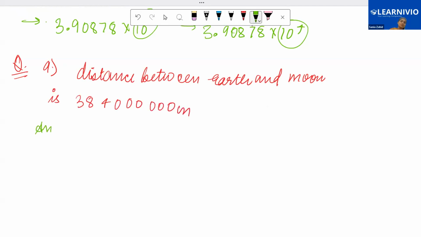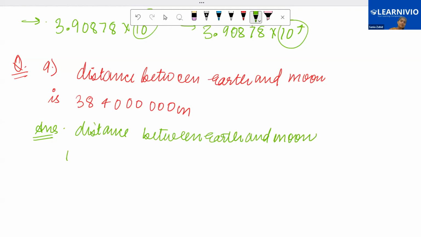So how can you write it in standard form? Earth and Moon is, tell me what is the standard form for this?